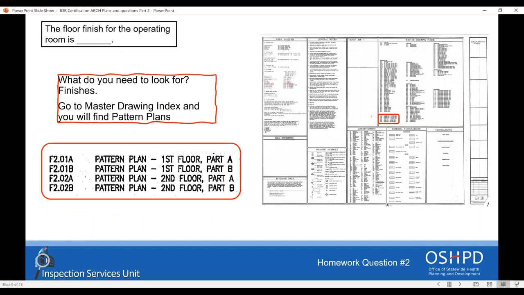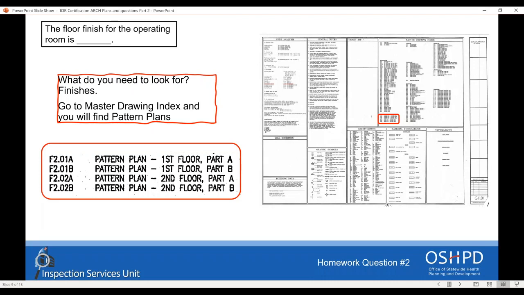Okay. So let's go to the second question, which who submitted the responses were right. The floor finish for the operating room is... So this second homework, good job to everybody who submitted your answer correctly. And so you need to go to the master drawing index, you need to look for the pattern plan.